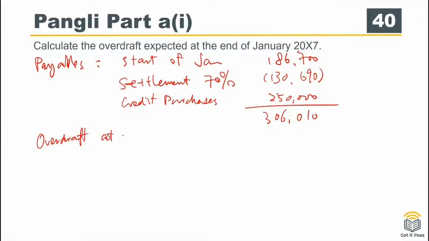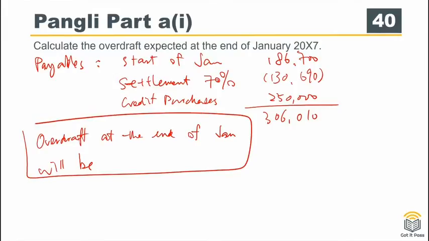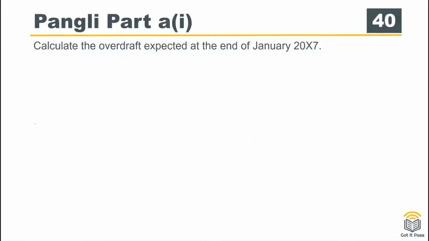The overdraft at the end of January will be how much? The overdraft at the start of January is 240,250.